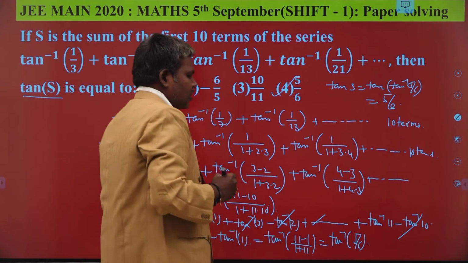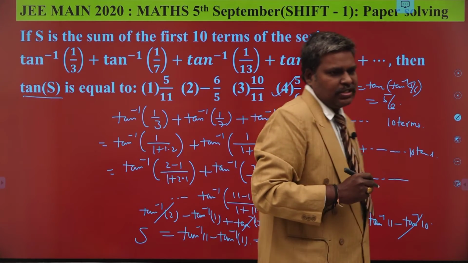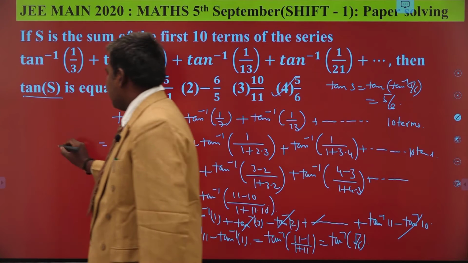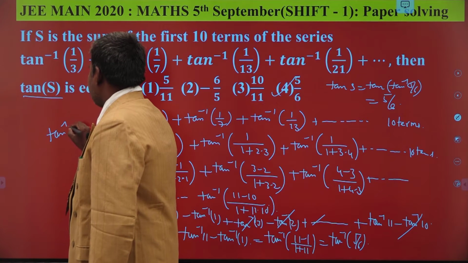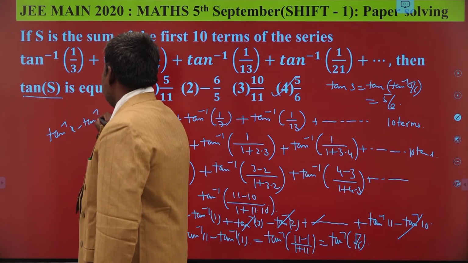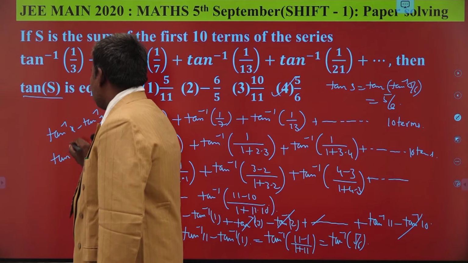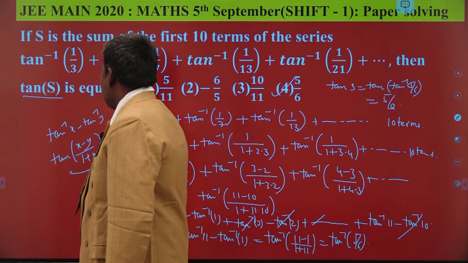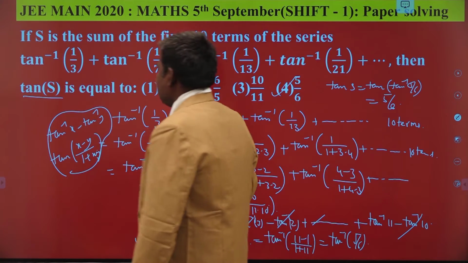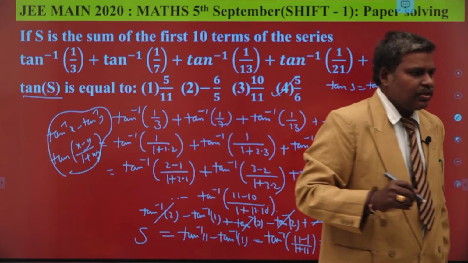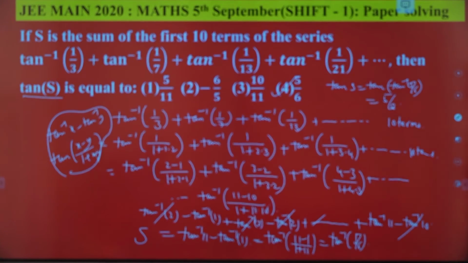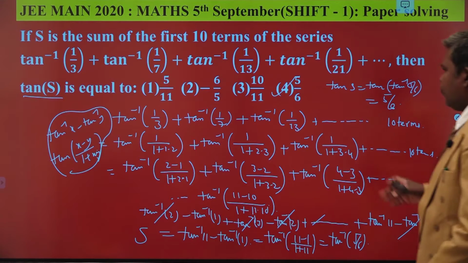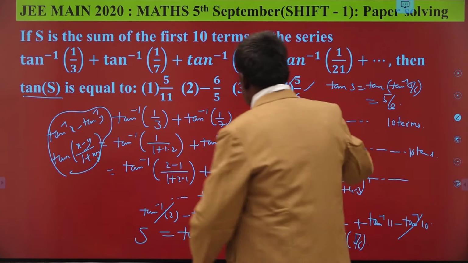Once you know the formula that tan inverse x minus tan inverse y is tan inverse of (x minus y) by (1 plus xy), we use this simple formula in this expression and obtain the solution. Read once again. In this manner we can achieve the value 5 by 6. Okay.